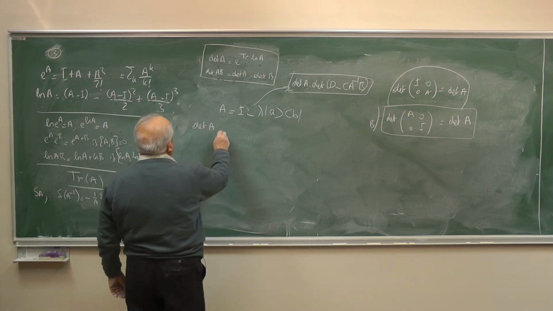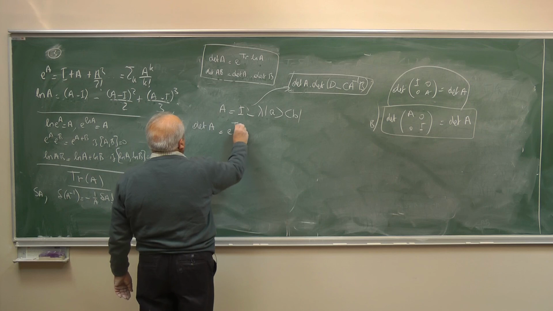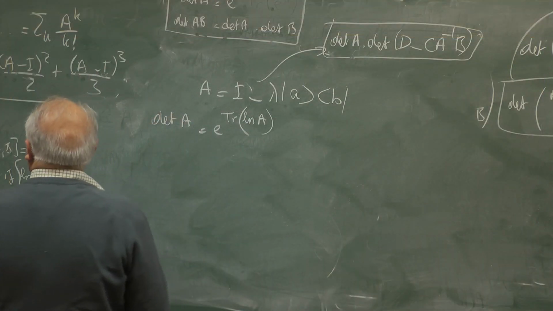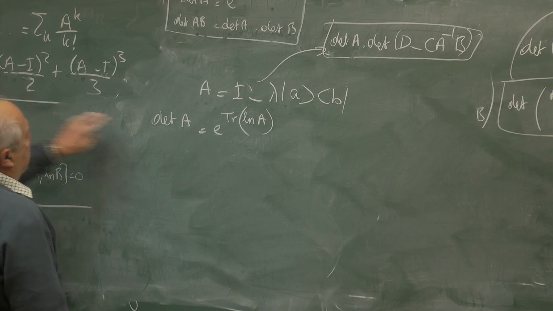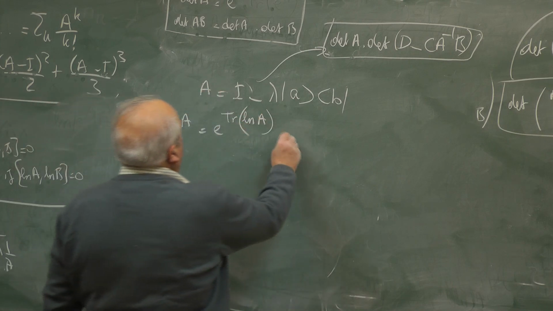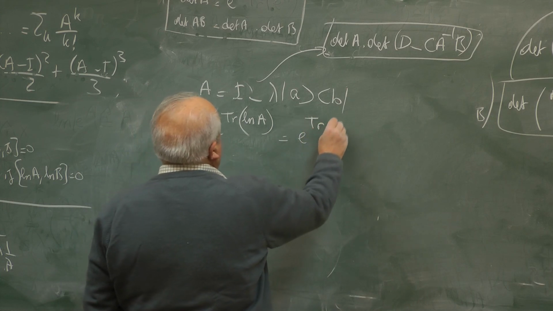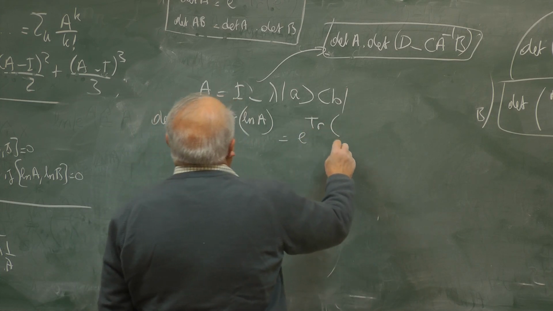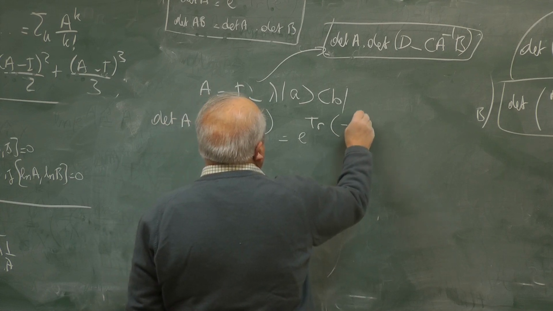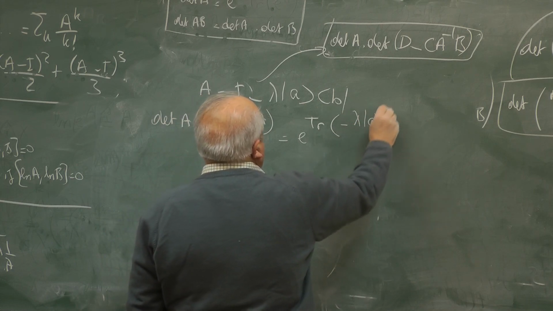Okay, determinant A is e to the trace log A. And in the log A, we have A minus I. So we have e to the trace of, minus lambda AB.